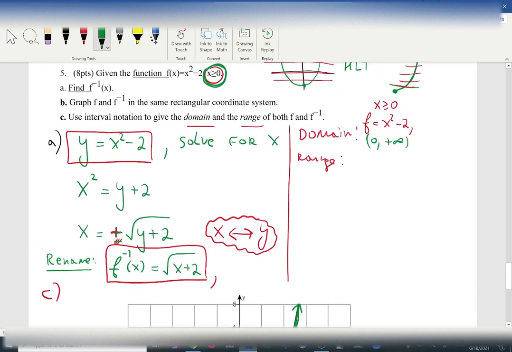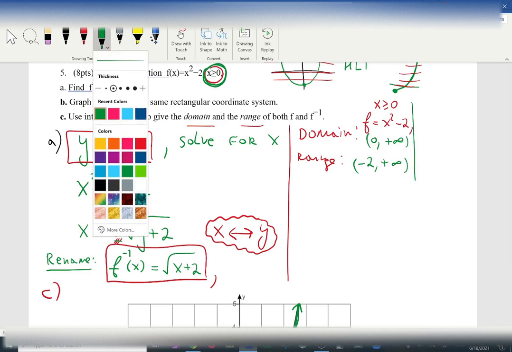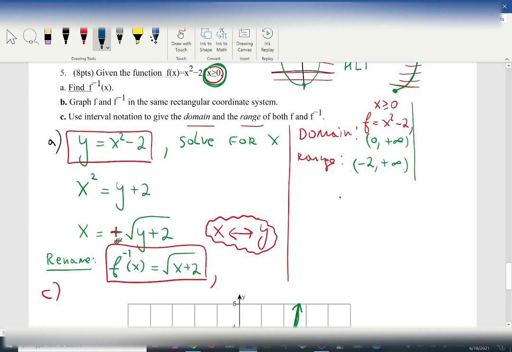That is the range, minus 2 to plus infinity, because it is shifted. But for the inverse function, let's put it in blue. F inverse is the square root of x plus 2. The domain becomes the range, so it's going to be 0 to plus infinity. And the range becomes the domain, minus 2 to plus infinity.